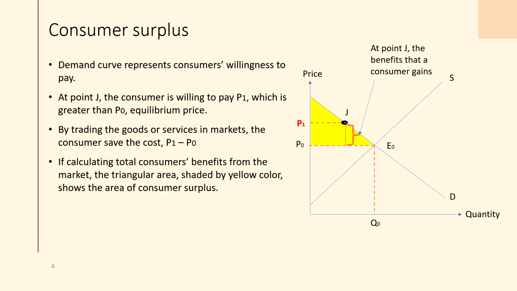This difference is the consumer surplus for that individual. If we consider all consumers, the total consumer surplus is the triangular area above the price line and below the demand curve. This yellow shaded area represents the total benefit consumers receive from participating in the market.